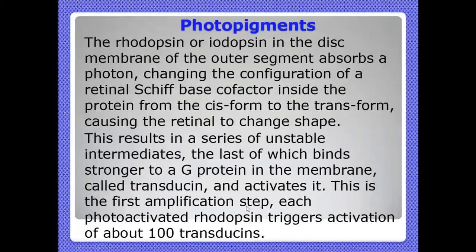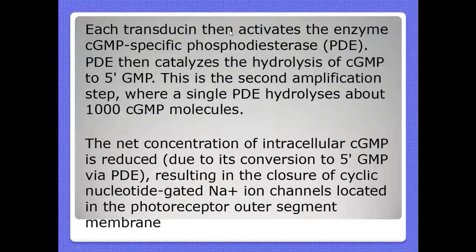Each photoactivated rhodopsin now triggers activation of about 100 transducins, so amplification of this region takes place. Each transducin then activates the enzyme cGMP-specific phosphodiesterase, PDE.